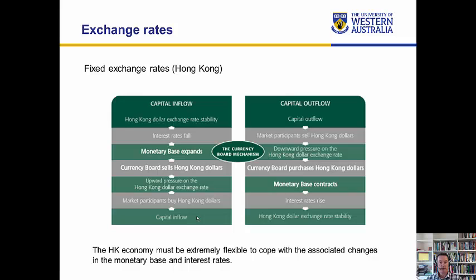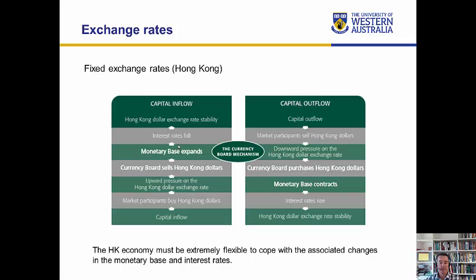So this is a very difficult situation that Hong Kong faces itself with, so it needs to find some other way to actually slow down the level of economic activity. And so, of course, this is very difficult to do with a fixed exchange rate system. So that is just one example of the problems associated with a fixed exchange rate system.